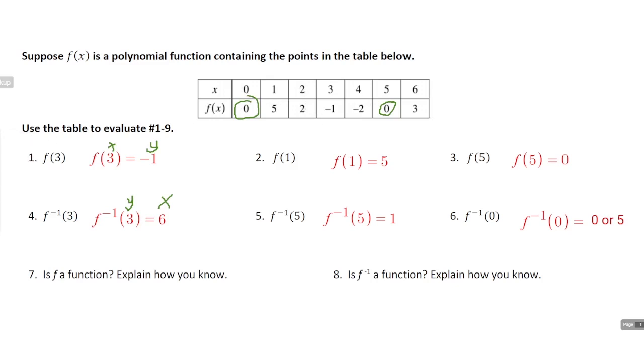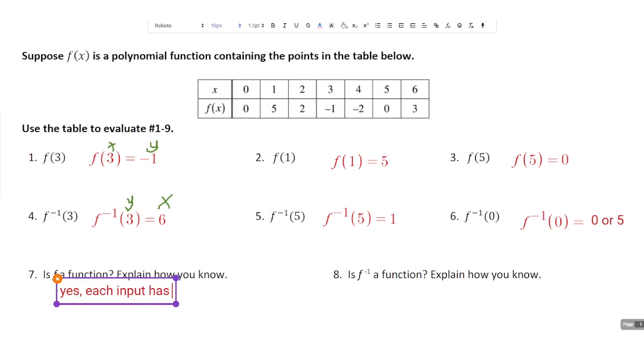So in the relationship where x is the input, we do have a functional relationship. So we would say something along the lines of yes, and to explain how we know that, each input corresponds to exactly one output.